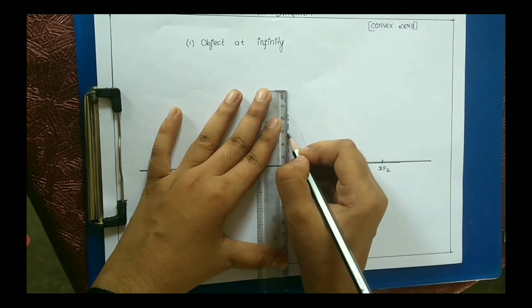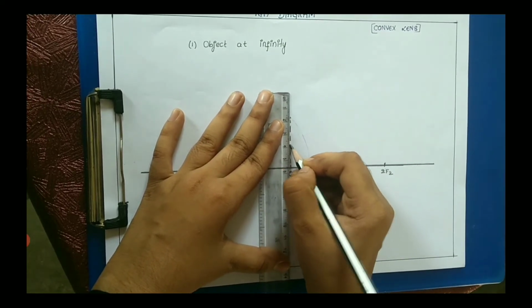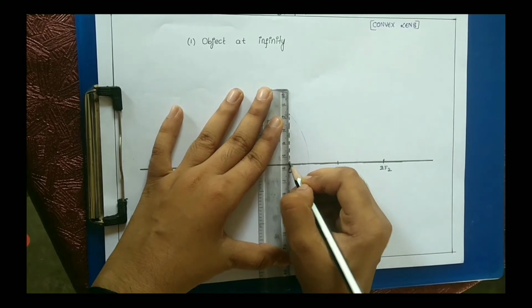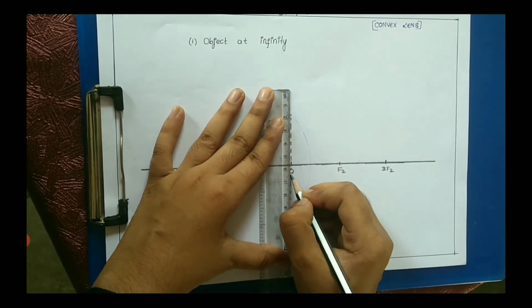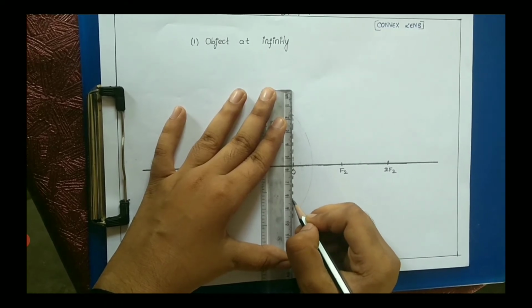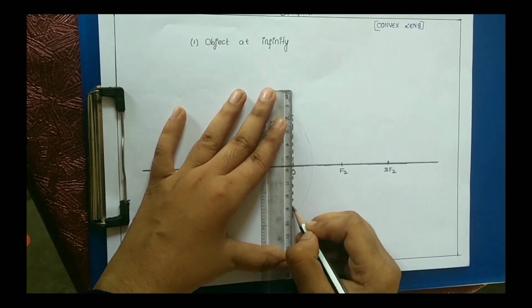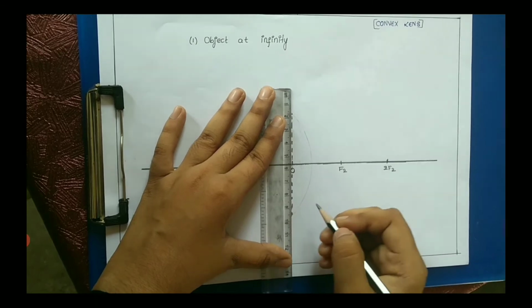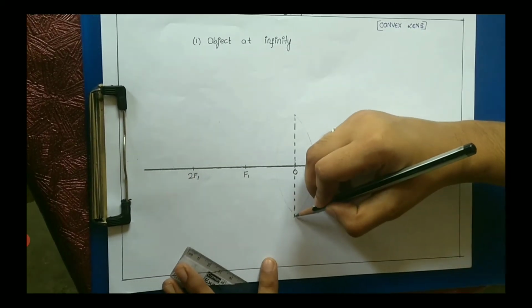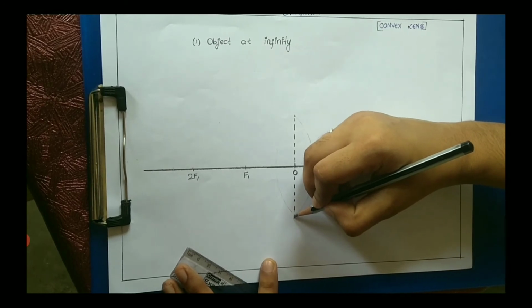Now we have to draw the lens with the optic center O. So here you got a point O, that is for the optic center. Now let us draw the lens here. So this is the lens.